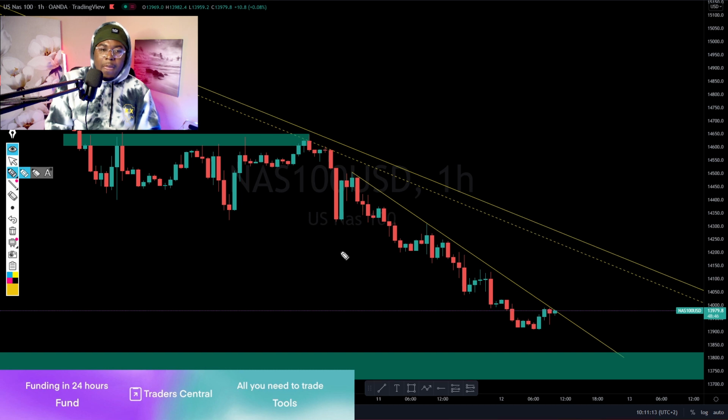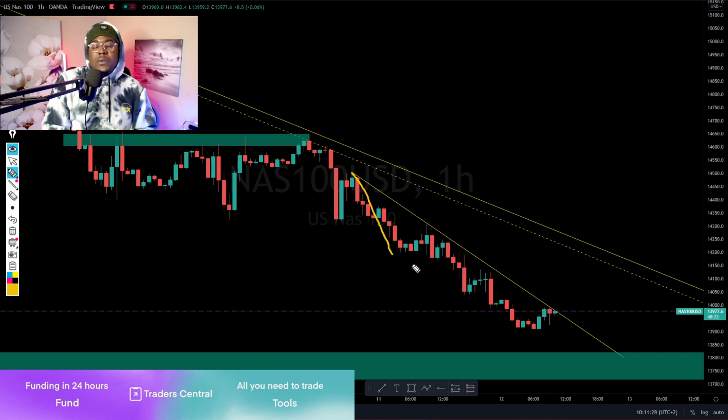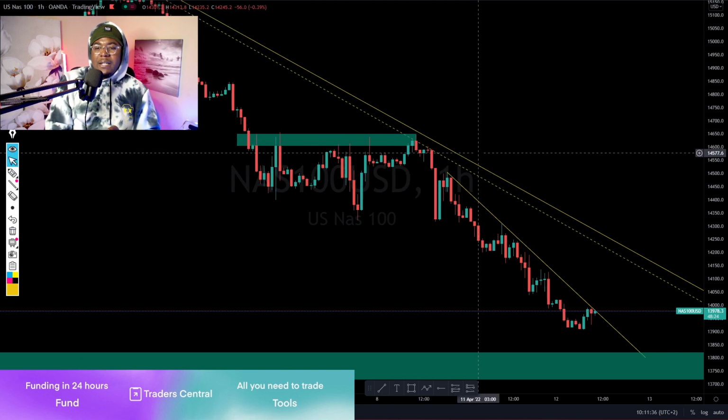Just imagine you sold here because you thought the market was going down, then the market pushes up like this. Obviously this was going to take you out, then at the end of the day the market is also pushing down again. So it's possible, guys, to lose when you still see the direction. It will depend on the risk management that you want to apply.